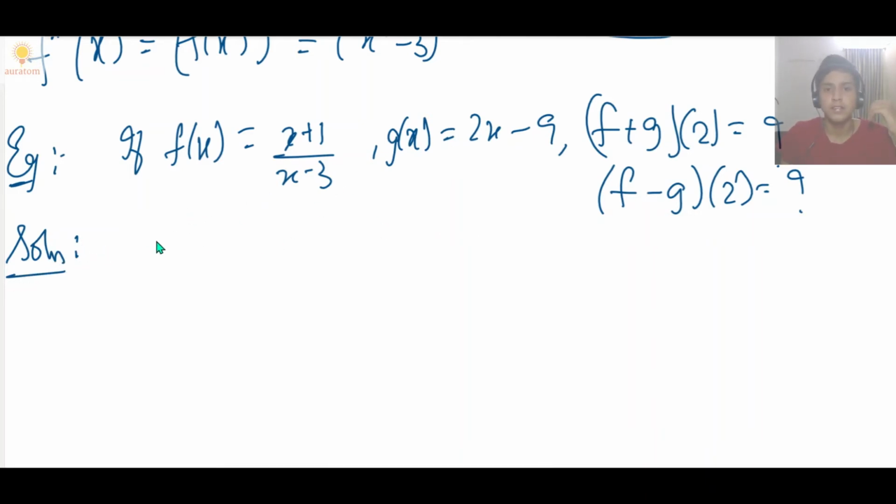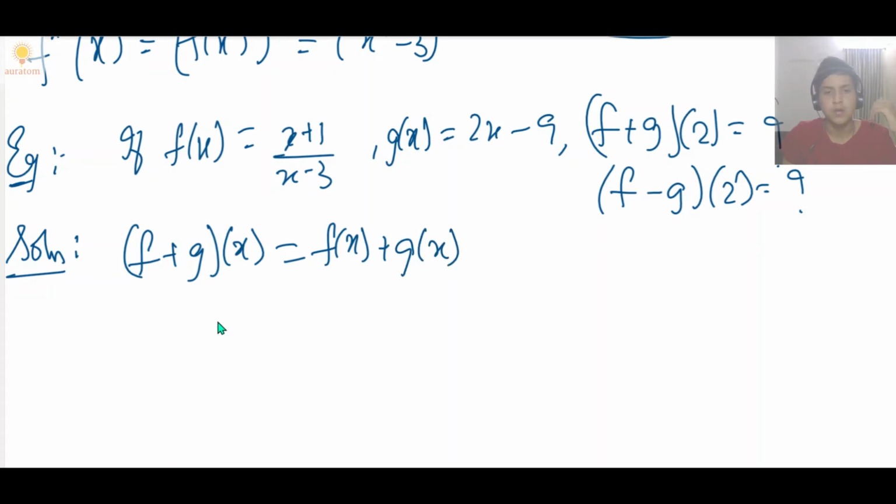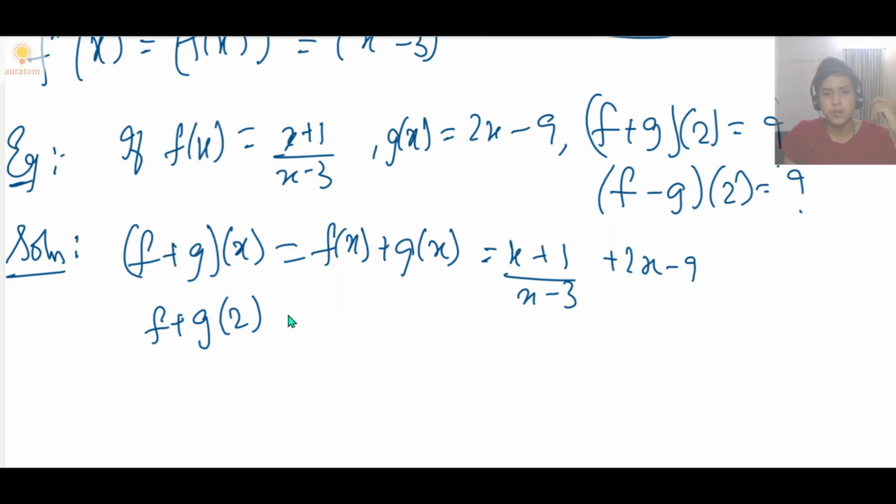So what is f plus g of x? When given these functions, it's going to be f of x plus g of x, right? So this is going to be x plus 1 by x minus 3 plus 2x minus 9. That means f plus g of 2 is going to be, we can just substitute 2 here: 2 plus 1 by 2 minus 3 plus 2 into 2 minus 9.